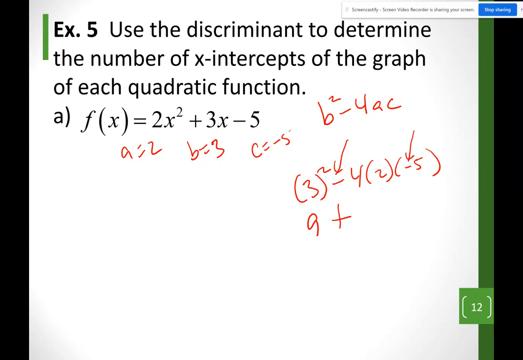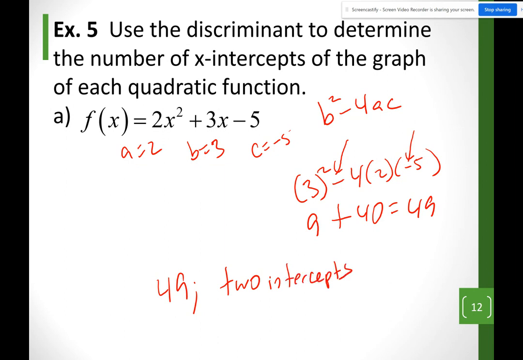Those two negative signs make a plus sign. 4 times 2 times 5 is 40. So my discriminant is 49, which is a number more than 0, right? How many times am I going to cross the x-axis? I'm going to say 2 intercepts. I'm going to cross the x-axis twice because my discriminant is a positive number.